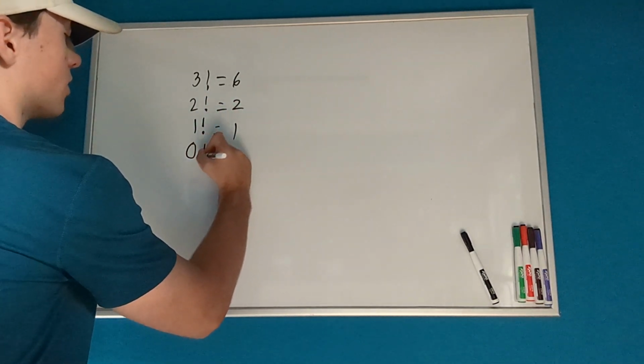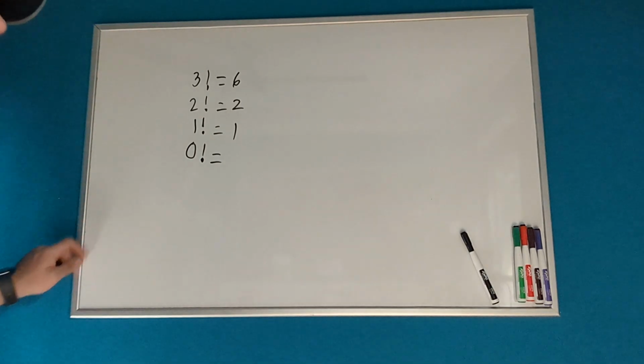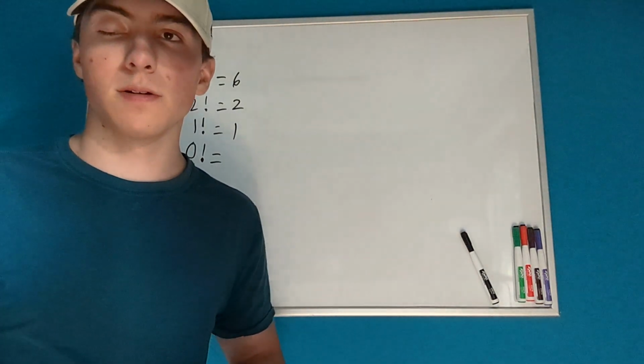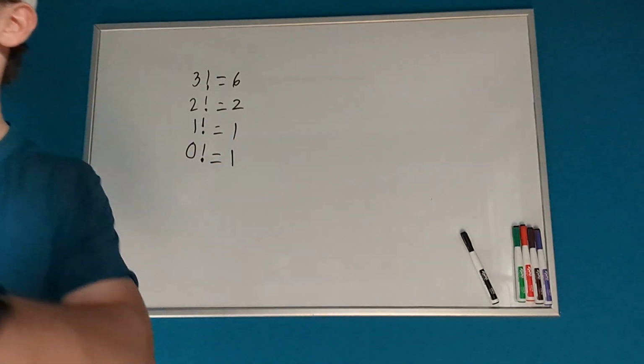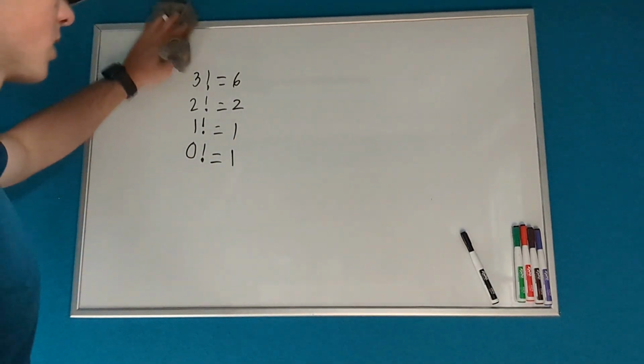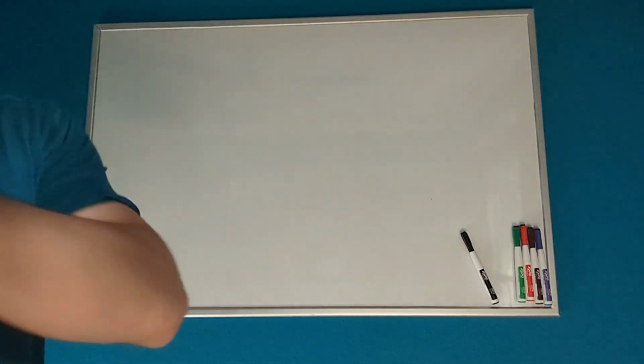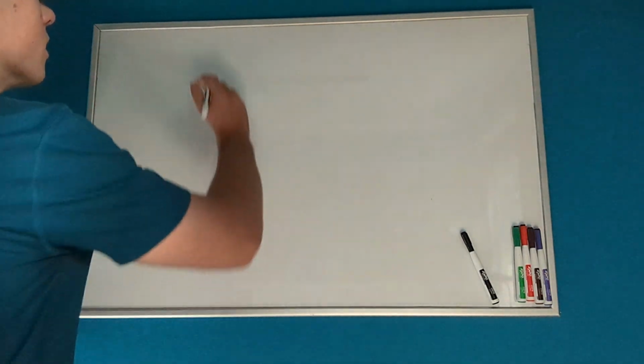So what is 0 factorial equal to? Now, the answer might surprise you. It's actually 1. My best explanation for why is if you look at the pattern.